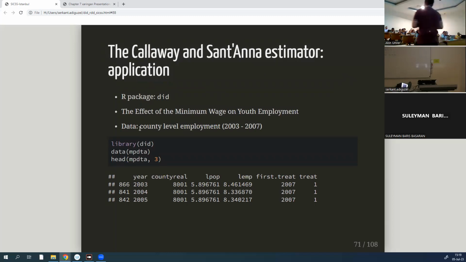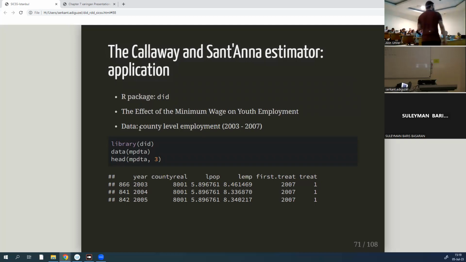Well, luckily we already have our package, DID. I'll just use the example data set that they have in their package. This is again the minimum wage example, this time on youth employment, at the county level.